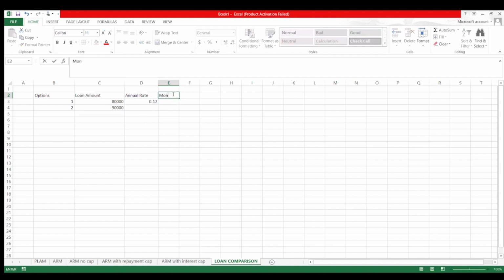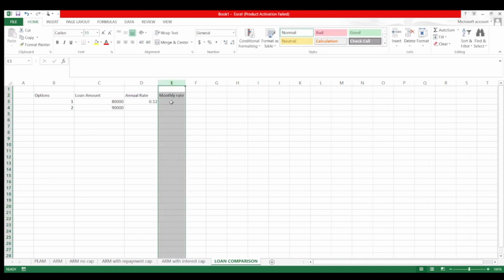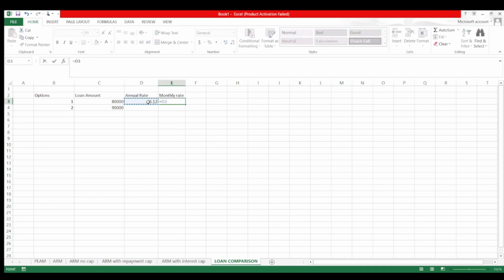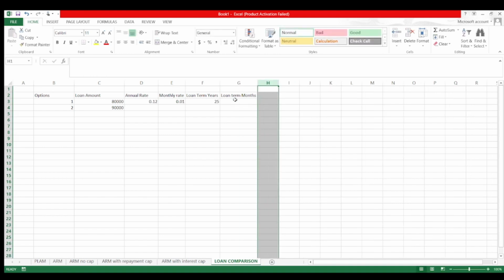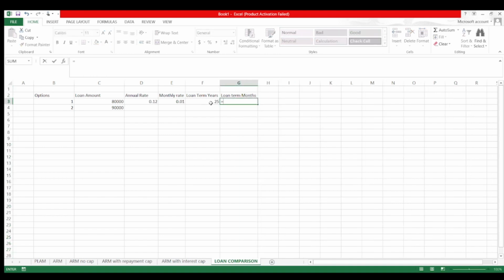Then the monthly rate will be equal to the annual rate divided by 12. And the loan term in years is 25 years. The loan term in months, you simply take the 25 and multiply it by 12.